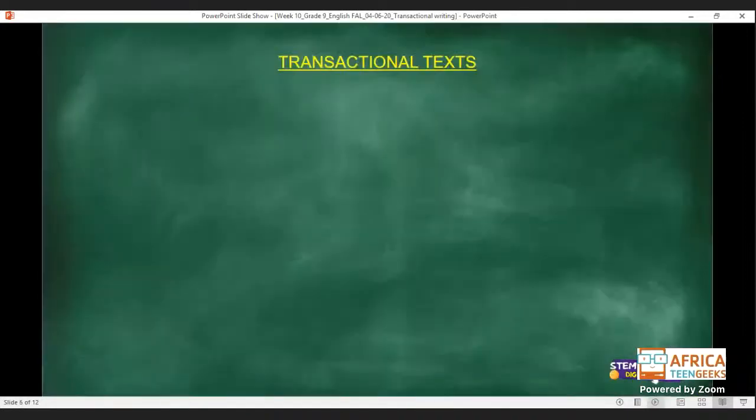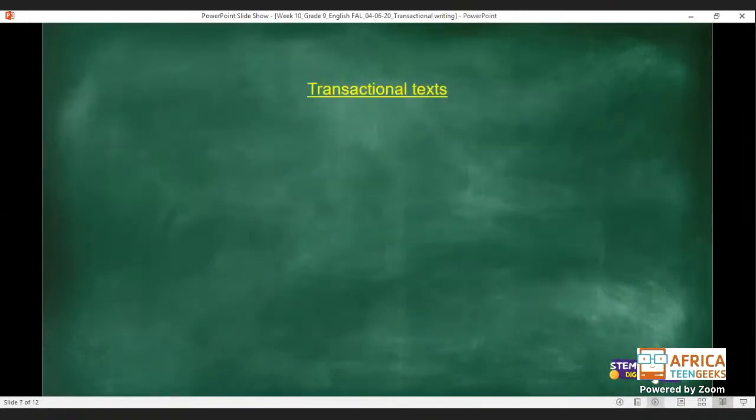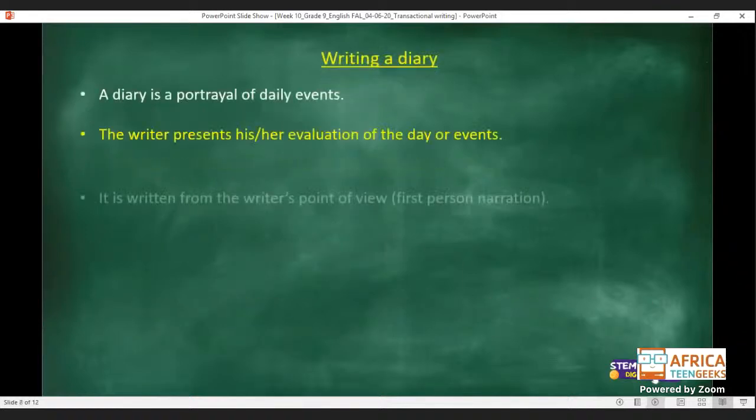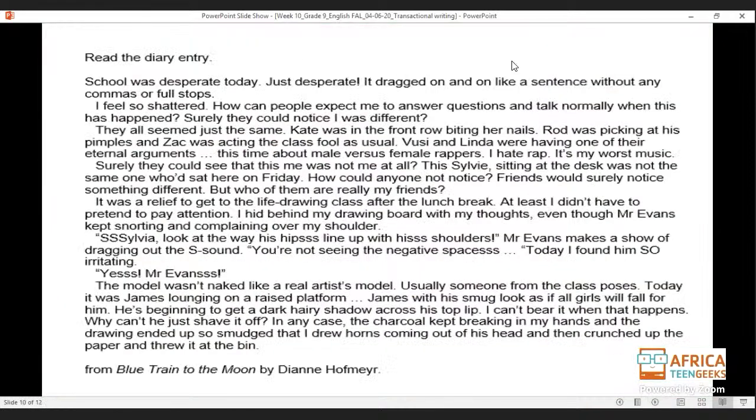So why is the second one informal? While we're going back to our slide. Why is the second entry informal? Elisa says it has no date, okay? And Benny also says one is a short diary and the other is a longer one.